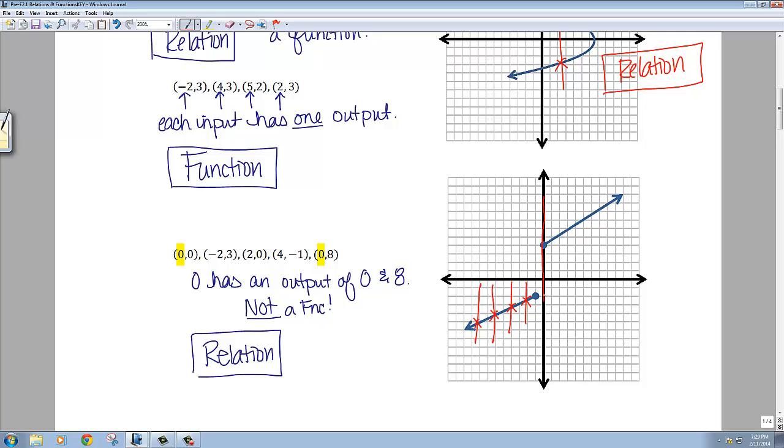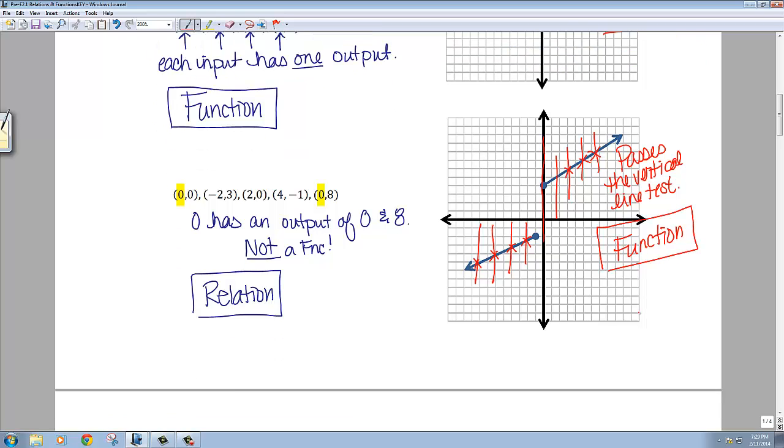If I draw any vertical line, right, it's only crossing at one point. So I'm going to go ahead and say over here that it passes the vertical line test, meaning it only hits at one point, which means that this one is a function.